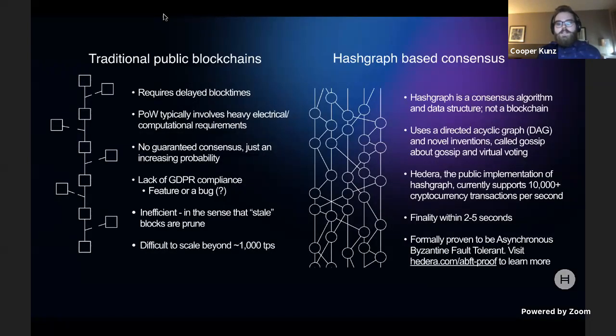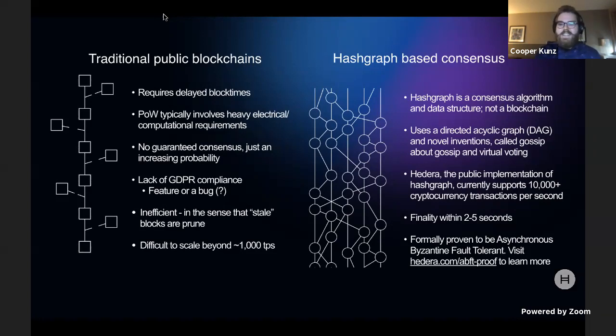To give those who aren't familiar a picture of how this looks, you can see how blockchains look on the left and how Hashgraph looks on the right. Those familiar with IOTA or things from that space might think that it looks pretty similar. But I can tell you that the biggest similarity between Hashgraph and these other DAGs, or directed acyclic graphs, are certainly these diagrams.